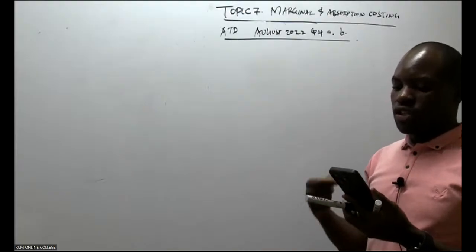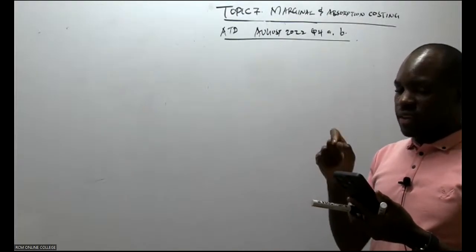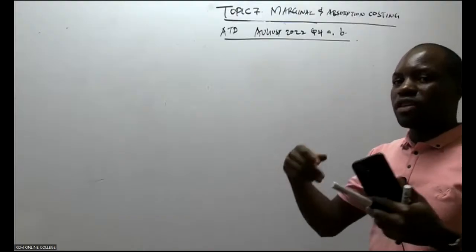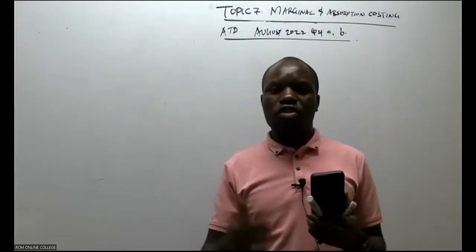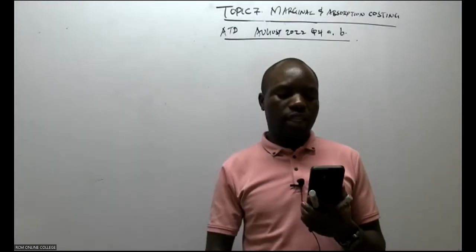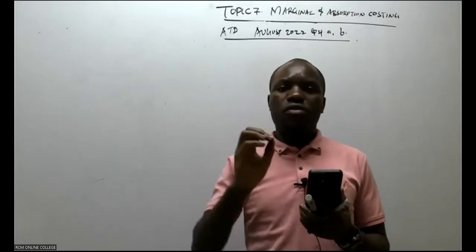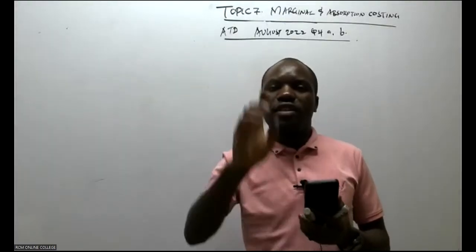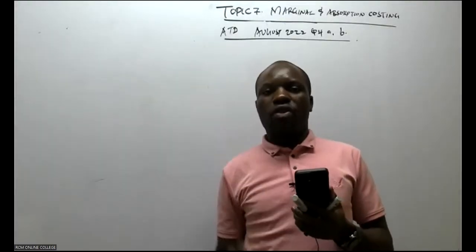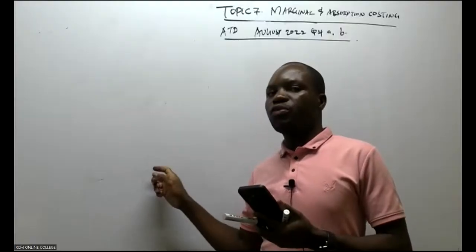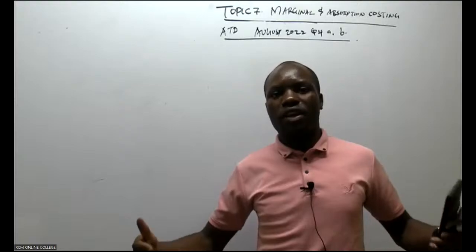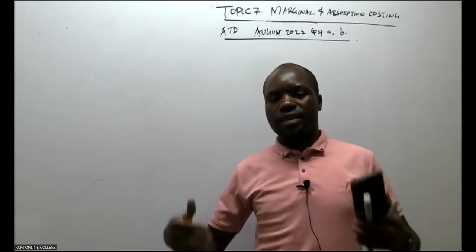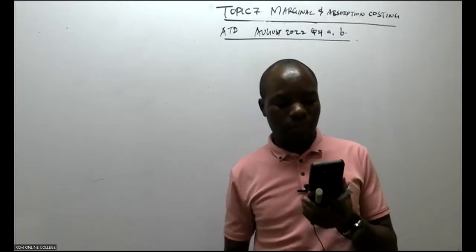The fixed production overheads, it is fixed. But now if you use their normal standard, their normal capacity, when you divide by the expected units of output, you are getting that the fixed overheads is equivalent to 20 shillings per unit of Z. So if you are given the estimated output of Z, you can get the fixed overhead as per the normal standard or the set standards of that particular company.